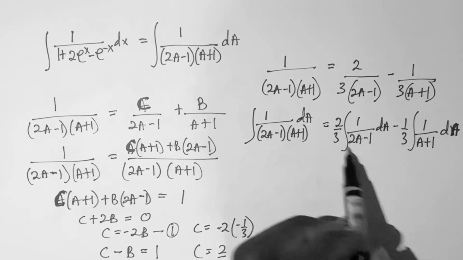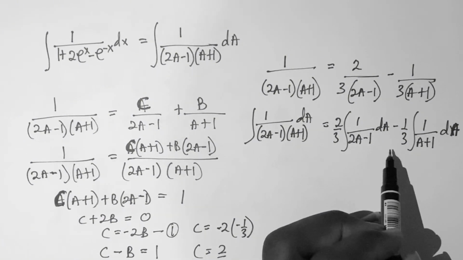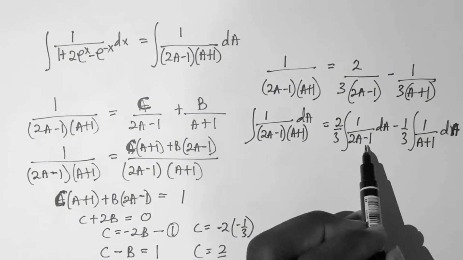Now, let's take this. If you differentiate the denominator, 2a minus 1, with reference to a, you are going to get 2.